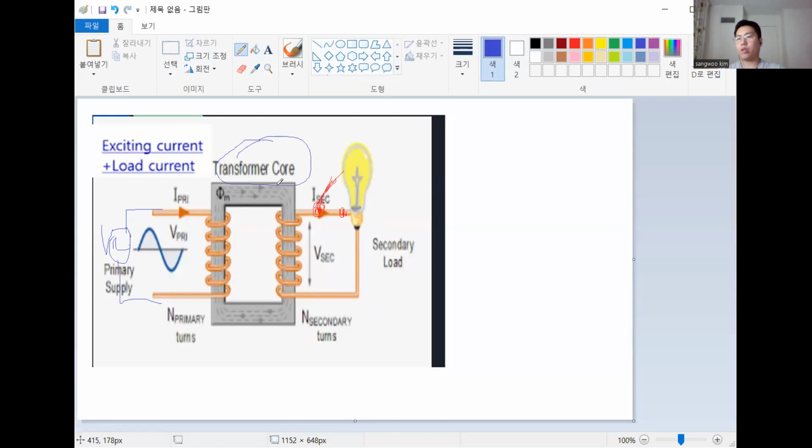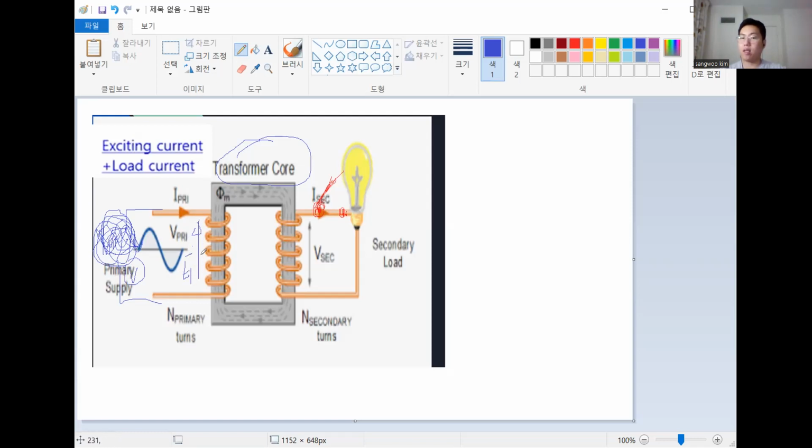As you can see, this is a transformer. You don't need to get stressed about it. We will learn about the transformer part later. The transformer's basic concept is, from the voltage source, you can say this is a generator, right? From here it makes energy, some voltage, and moves to the primary part, E1.